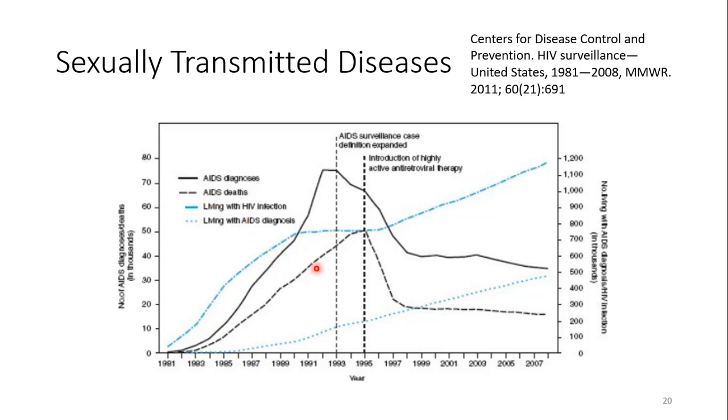This black broken line shows the deaths which occurred from HIV, and here is the acquired immunodeficiency syndrome diagnosis.